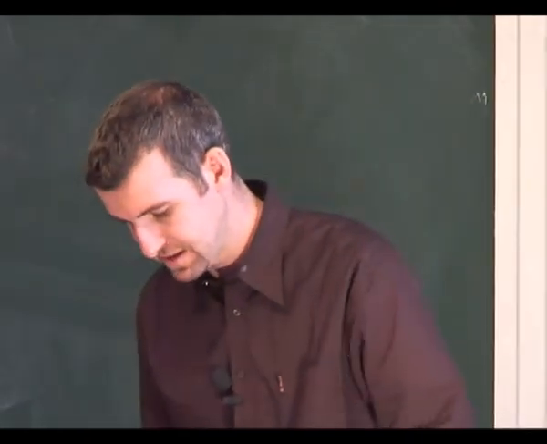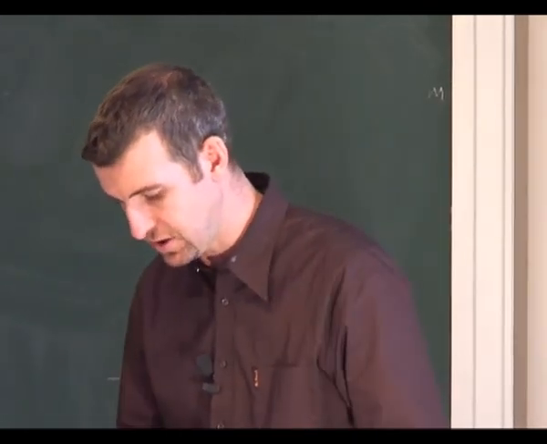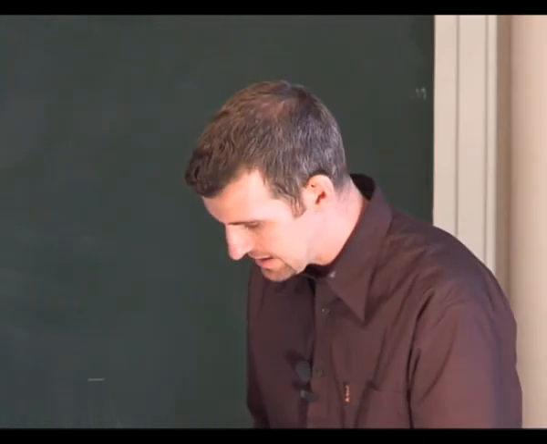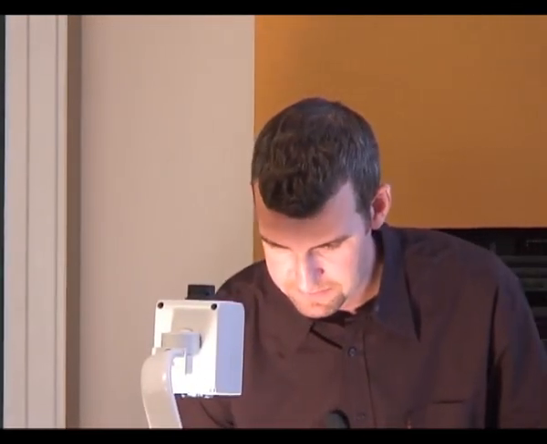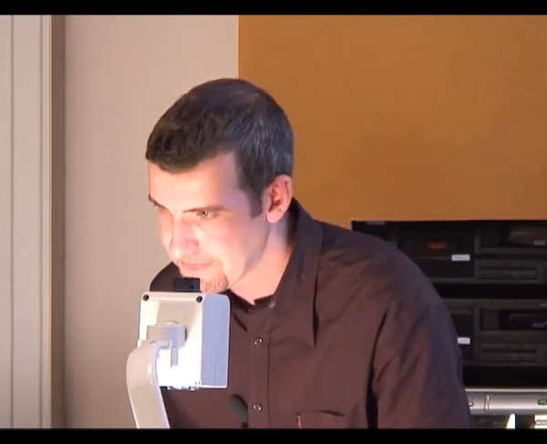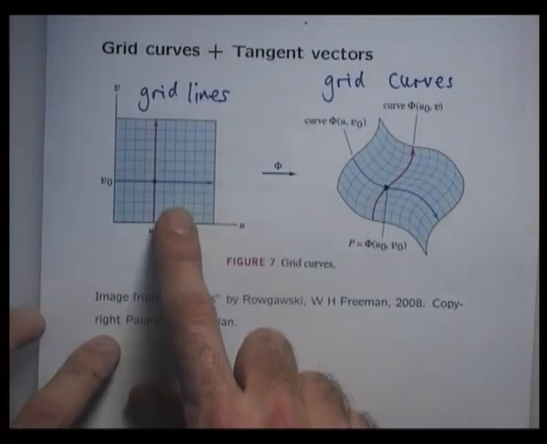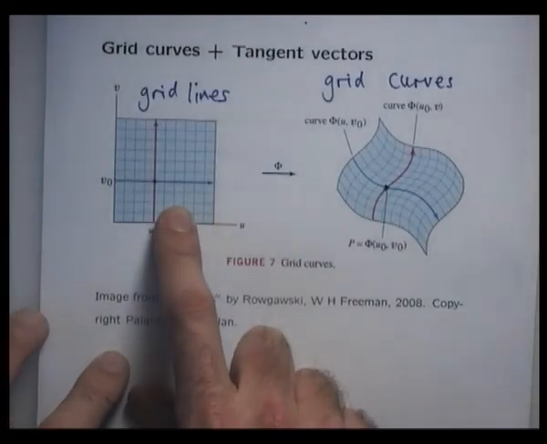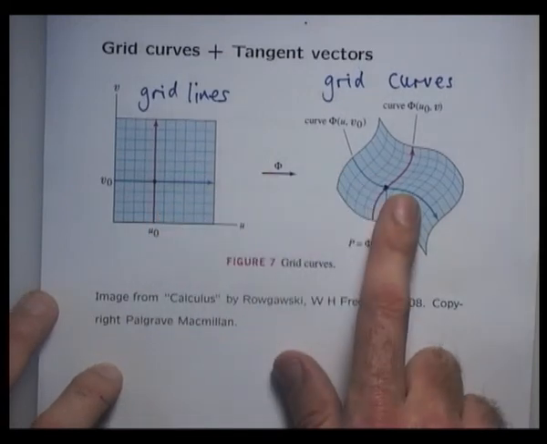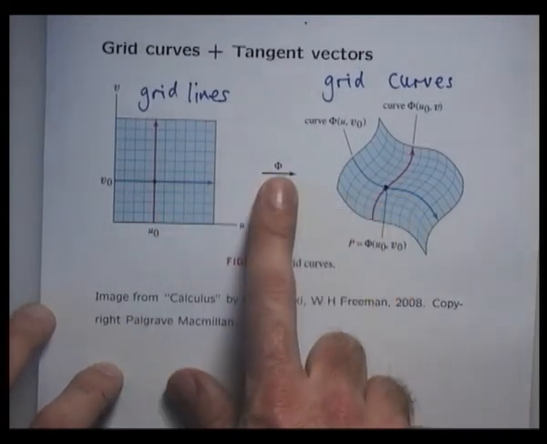And like I said, the whole aim here is to use these tangent vectors to approximate surface area. So what do I mean by that? Well, let me just give you a little glimpse at it. I'll come back to that later. See this parameter domain here, this set here, it's mapped to this curvy surface by our parametrization.